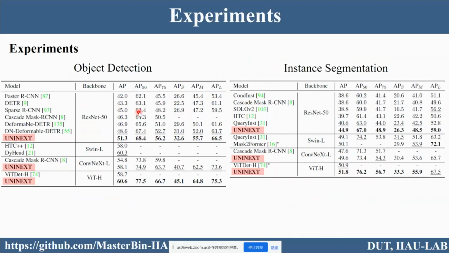We trained 3 variants of UniNext with different backbones, including ResNet50, ConvNeXt-Large, and ViT-Huge. As shown in these 2 figures, UniNext surpassed counterparts such as DN-Deformable-DETR, QueryInst, Cascade Mask R-CNN, and ViTDet on both object detection and instance segmentation.